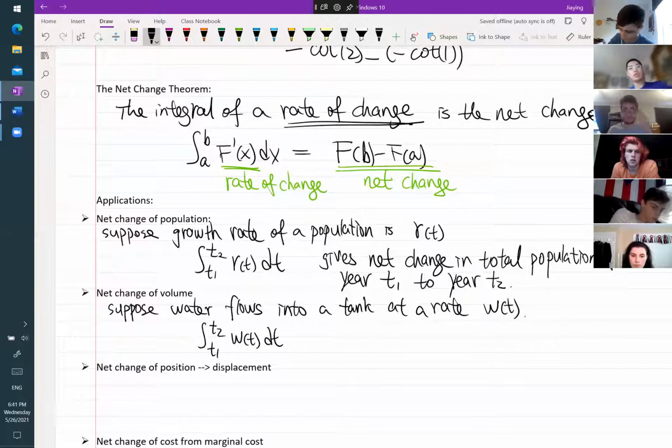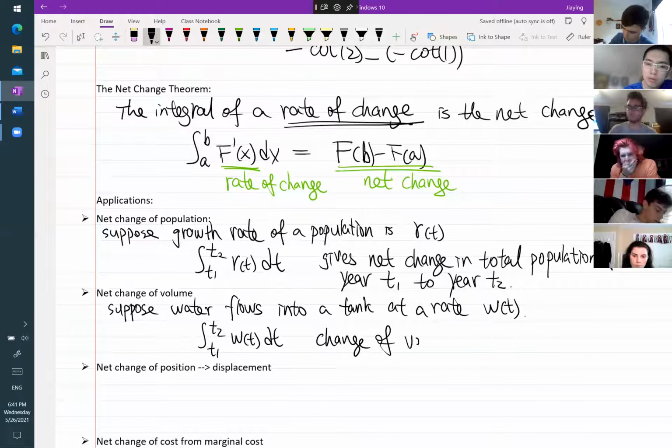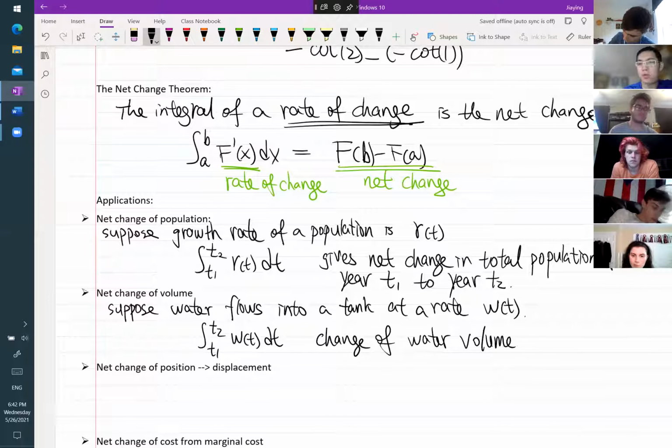So if we integrate that between two times, we get the change of volume of water from T1 to T2.